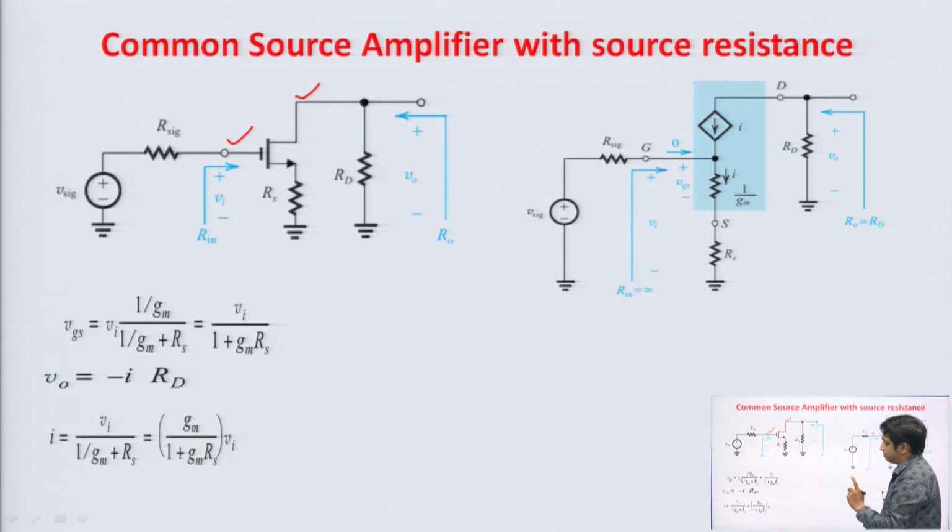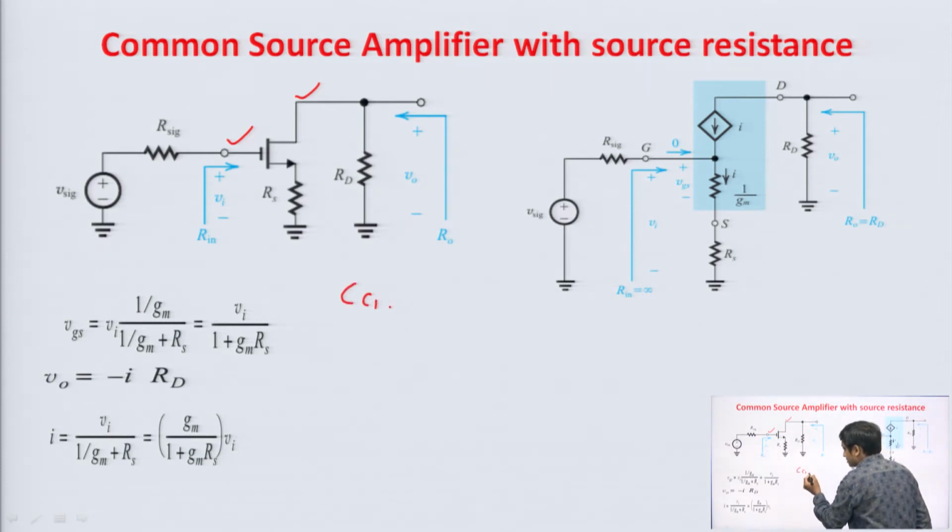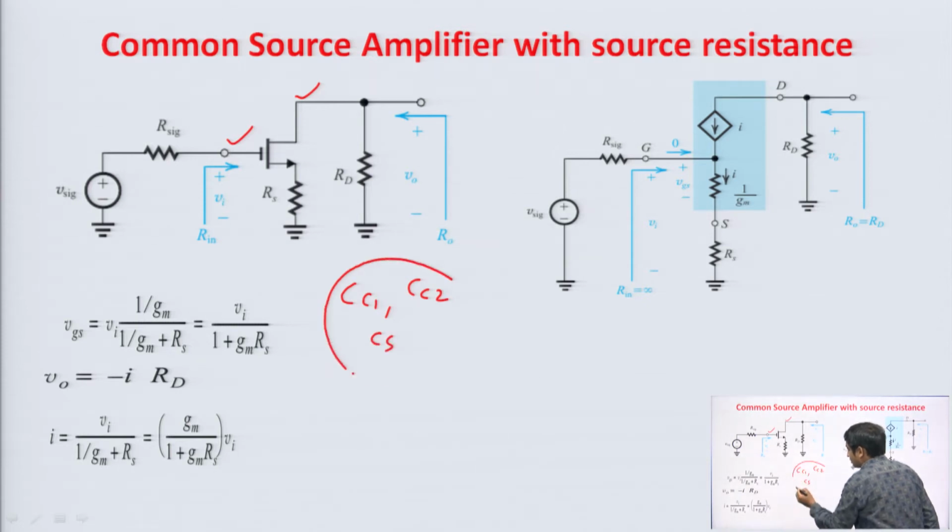And we have assumed that all the capacitors, external capacitors, that is coupling capacitor CC1, CC2 and your bypass capacitor CS, we have considered these capacitors to be acting as a perfect short circuit. So, we have neglected the effect of these capacitors, that is why in this circuit there is no capacitor, that is the first thing.